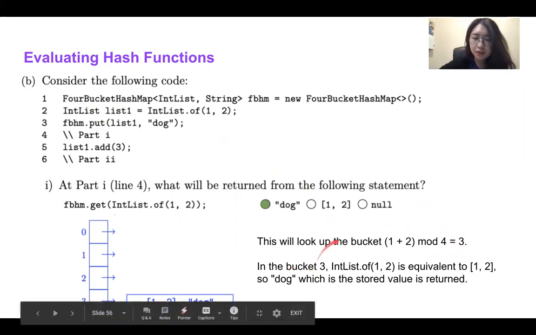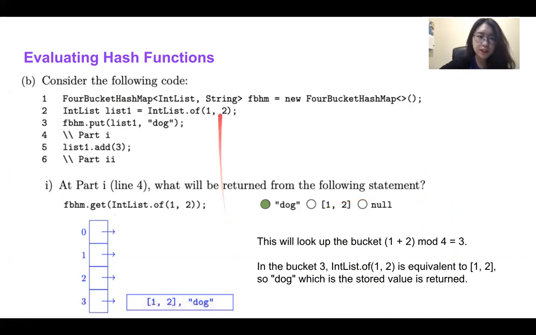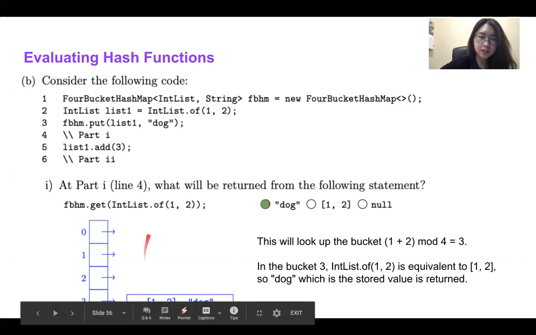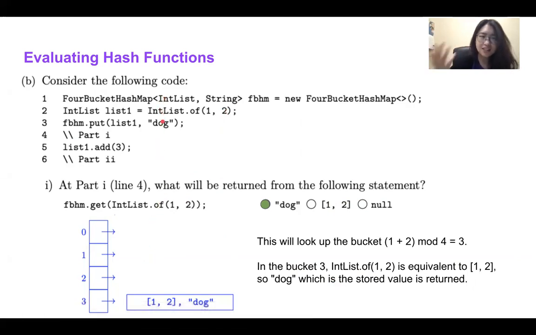In bucket 3, list 1, 2 is equivalent to this list of 1, 2, so dog, which is the stored value, is returned. You can clearly see that 1 plus 2 mod 4 is equal to index 3, and this dog is right there. So that's great.